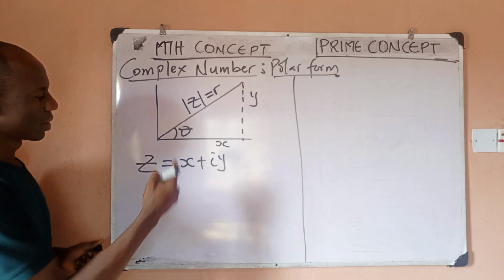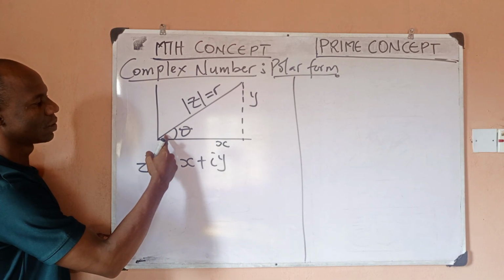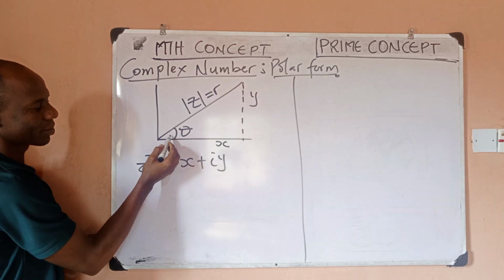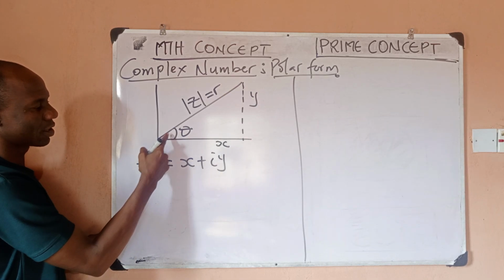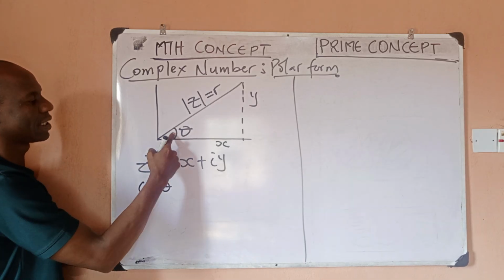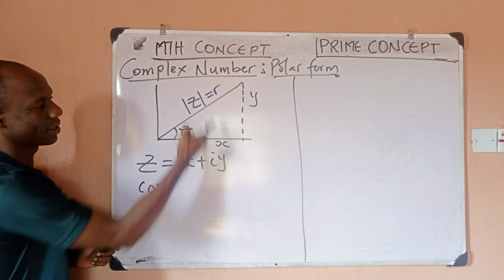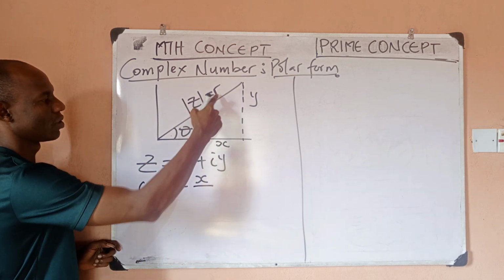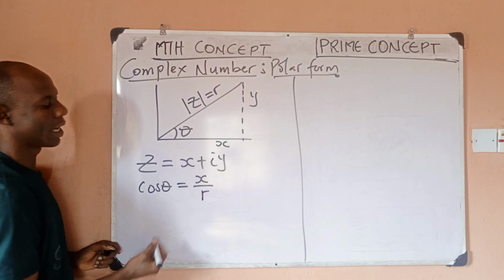So quickly, if we look at this, you'll see that from our SOHCAHTOA, this is a triangle, and I want to get cosine of this angle. Cos theta, cos is adjacent over hypotenuse. Adjacent is x over hypotenuse, which I will be using r.